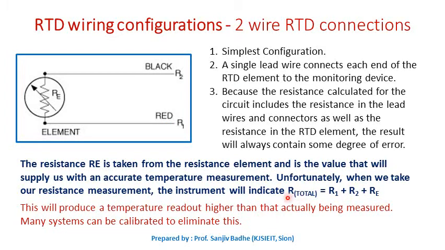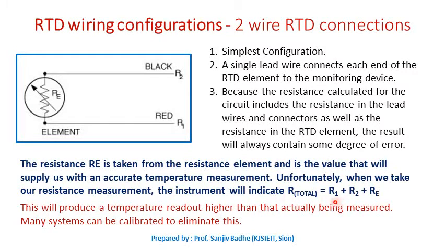So, this is the drawback of this two wire configuration. What is the drawback? We are not getting the exact resistance of the sensing element, but we are measuring the total resistance, which includes the resistance of the connecting wires. And therefore, if we find the temperature from the graph, that temperature will not be accurate.